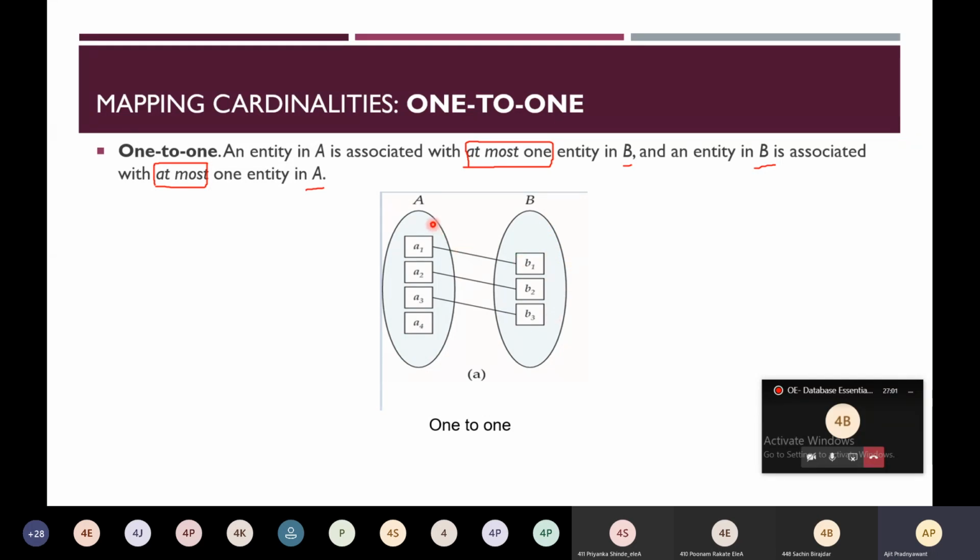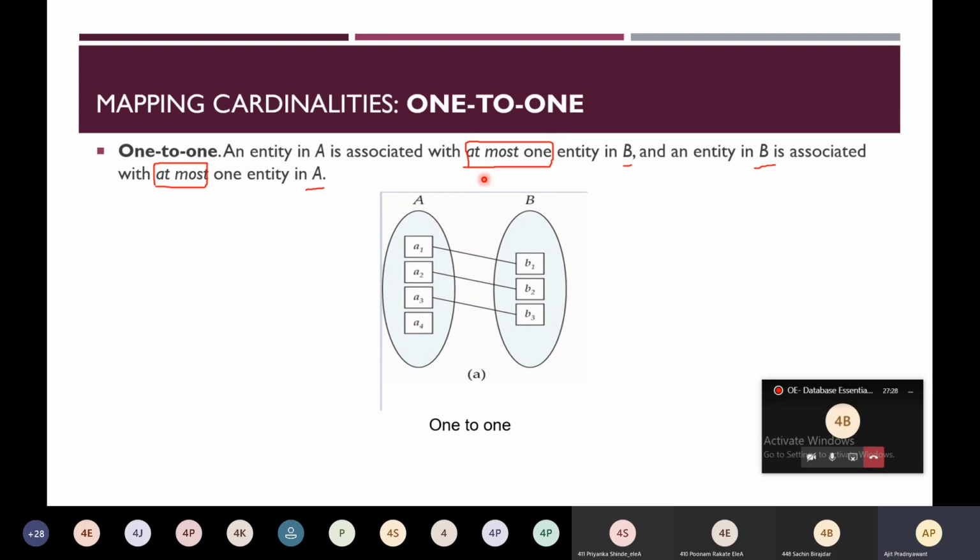In these entity sets, A1 is associated with B1 and B1 is associated with A1, whereas A2 is associated with B2 and B2 is associated with A2. A3 is associated with B3 and B3 is associated with A3.